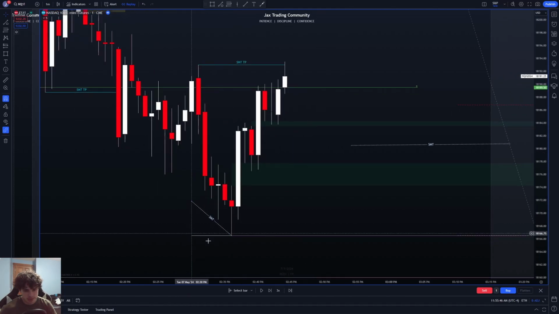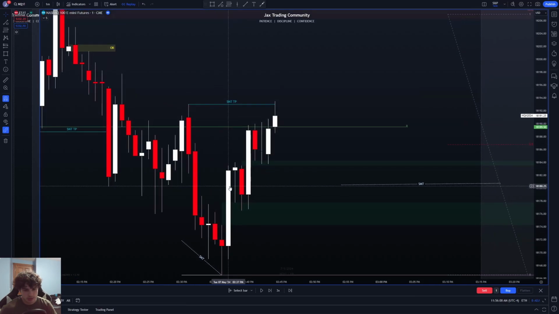So number one is SMT. This is step one. Number two is displacement. That's step two. Number three is a respect of this fair value gap that gets tapped into. That's step three. And then number four is obviously tapping into the second fair value gap.